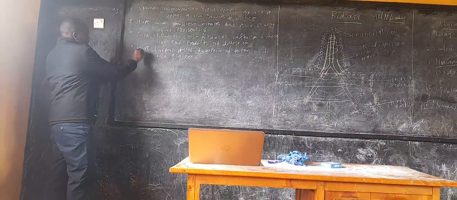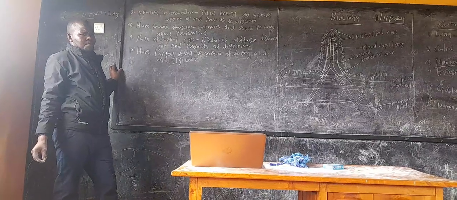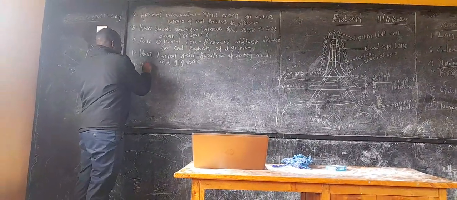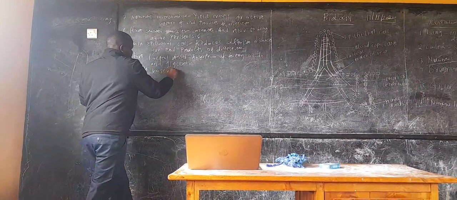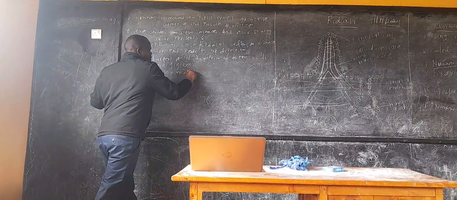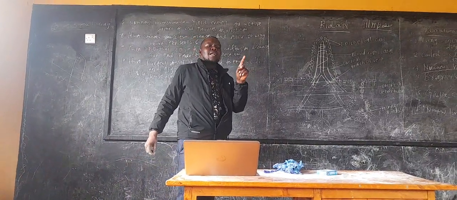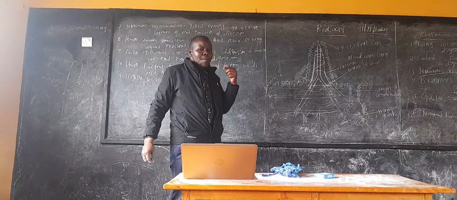We have the last one, number 11. They are highly vascularized. What is the meaning of highly vascularized? Well supplied with blood capillaries. This means well supplied with blood capillaries. And the role of blood capillaries is to transport. So you have seen we have been absorbing, and they were being absorbed to which point?